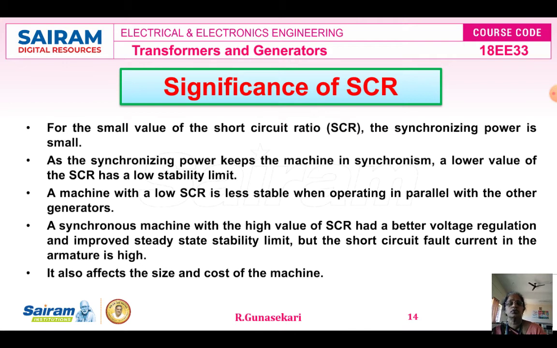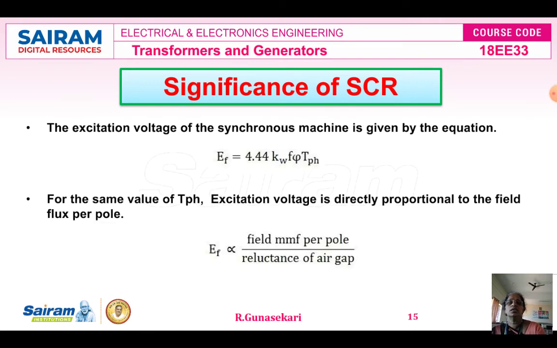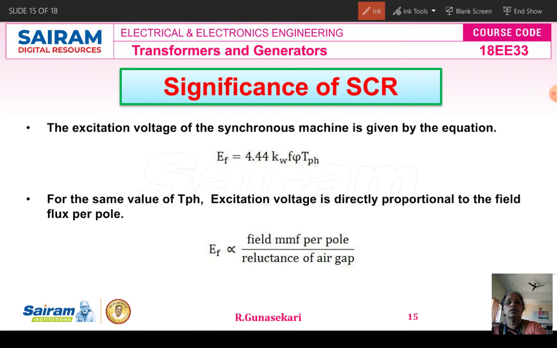The short circuit ratio affects the physical size and cost of the synchronous machine. Synchronous machine is applicable for both synchronous generator and synchronous motor. Now we see the formula: the field excitation voltage of the synchronous machine EF is equal to 4.44 Kw f phi T per phase. Kw is the winding factor, which is the pitch factor KP and distribution factor KD.